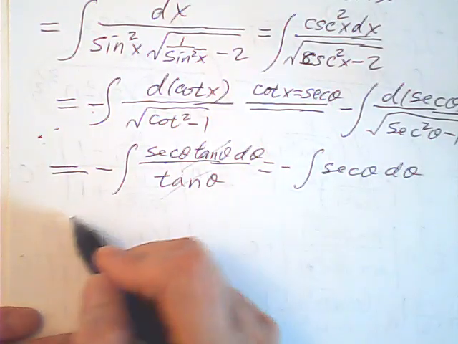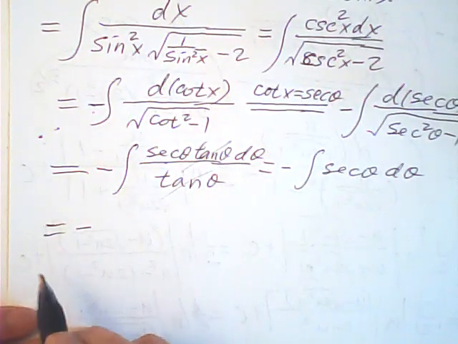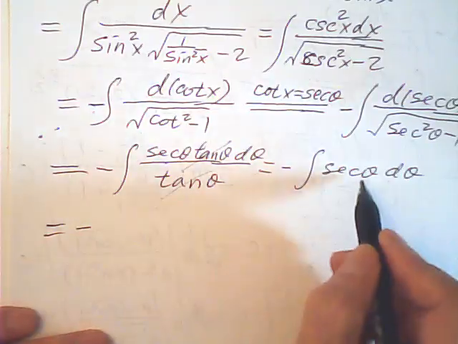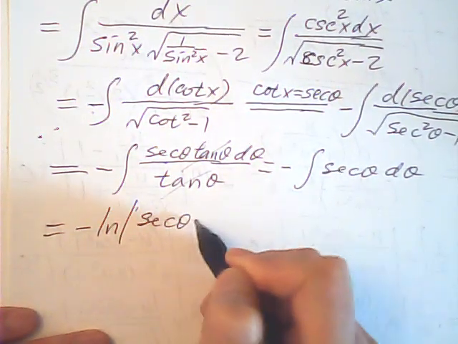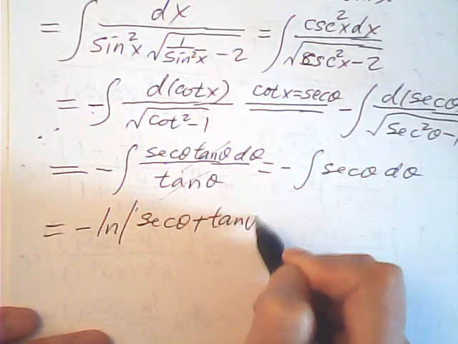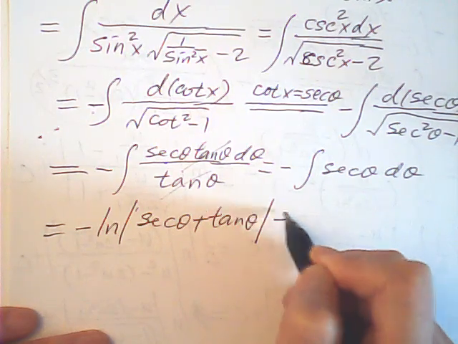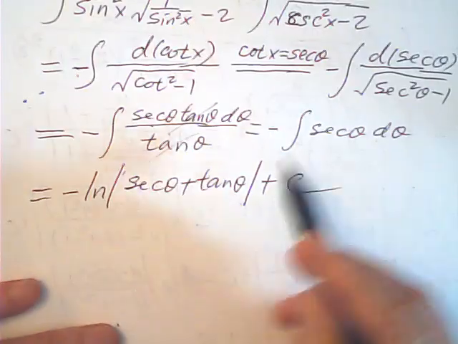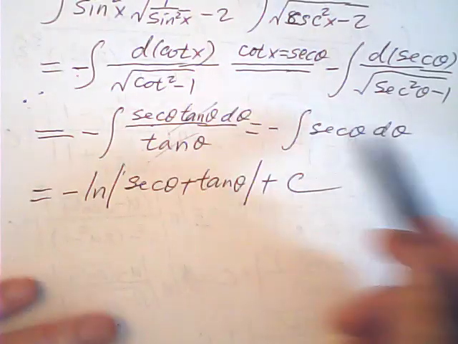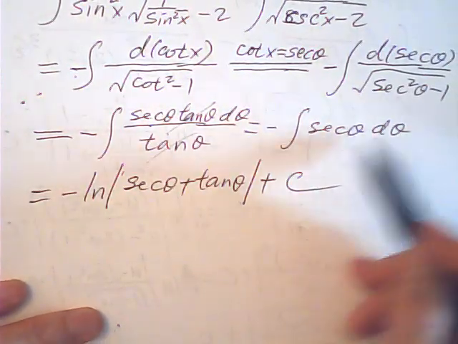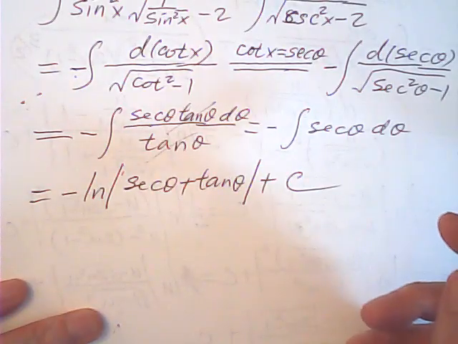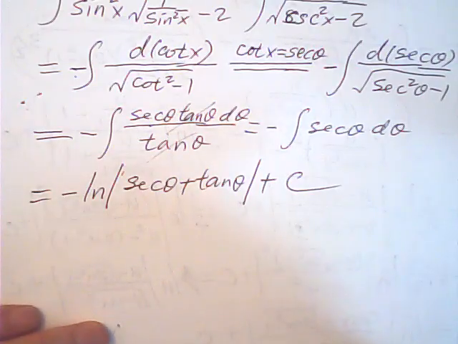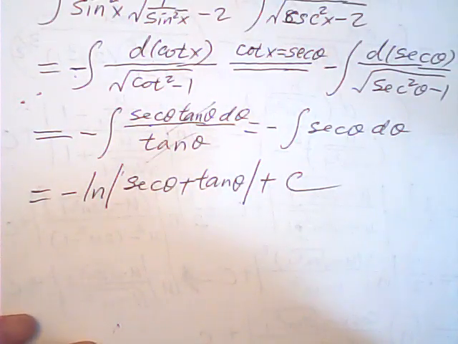Okay, so this is equal to negative. Secant integral is log secant plus tangent. Well, I suppose you have done this before, or you can easily do this one by using integration by parts, something like that.